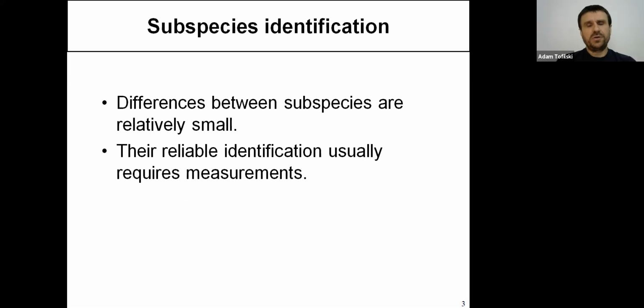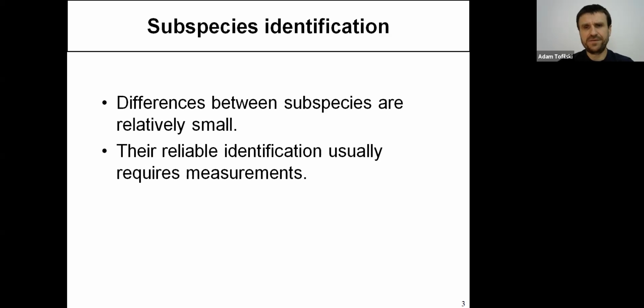And I mentioned also last week that there are many differences in morphology between subspecies, but the differences are small, and usually you need to make measurements to identify the subspecies precisely.